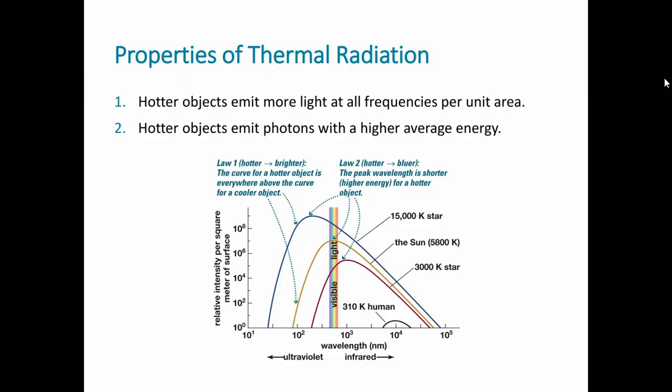So the human is emitting photons, but they're at this wavelength, 10 to the 4 nanometers, which is in the infrared wavelength range.